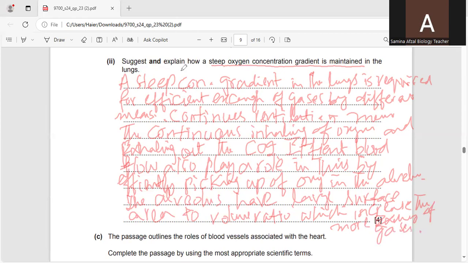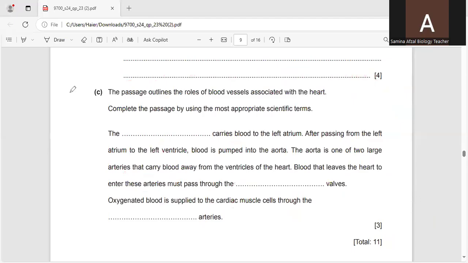Now I am moving towards the next question, and the next question is a paragraph or passage that outlines the role of blood vessels associated with the heart. Complete the passage by using the most appropriate scientific terms. The dash carries blood to the left atrium.